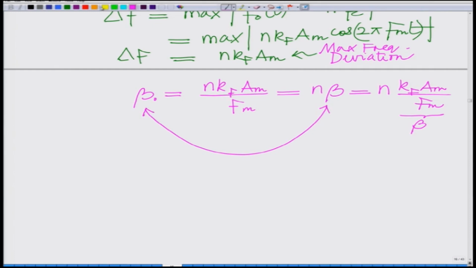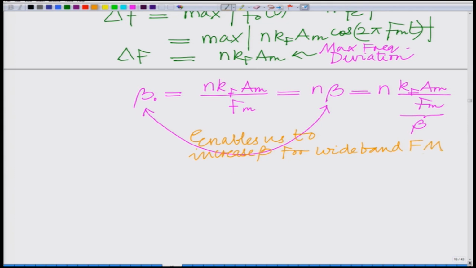So, we are able to multiply the modulation index by n using appropriate frequency multiplication. This enables one to increase beta for wide band FM.